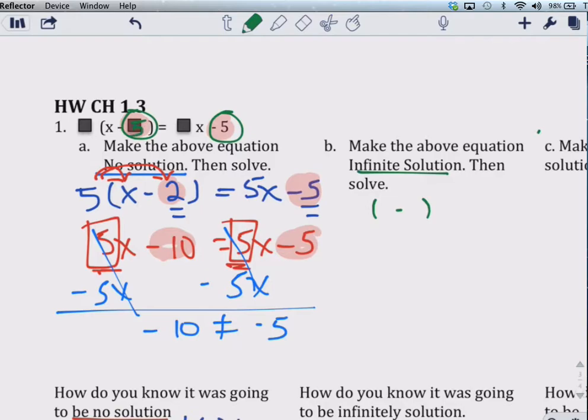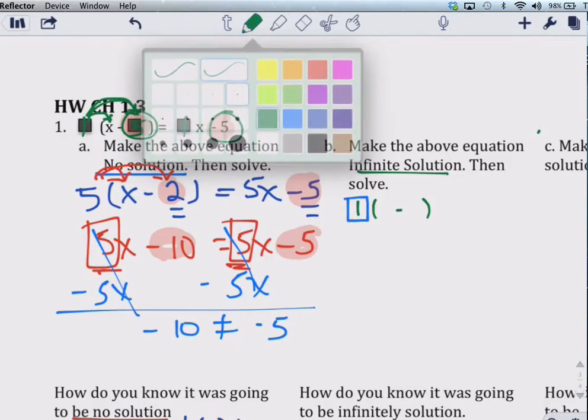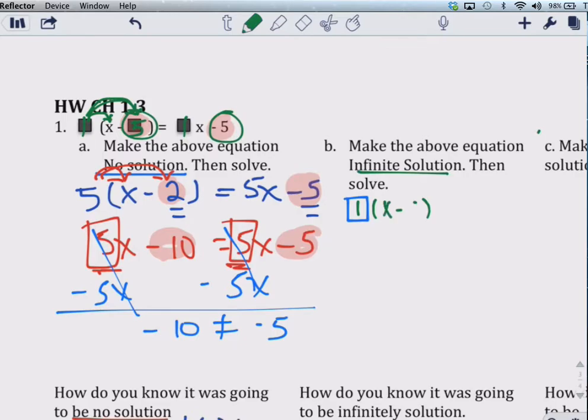And the only way I can make it 5 after I distribute is make this a 1. I have no choice but to make it a 1. Because if I multiply it by any other number, it would be different than the 5. So the only choice I can make this outside number is a 1. Got x minus 5 equals 1x, or just x minus 5.